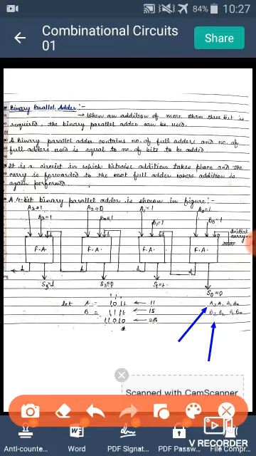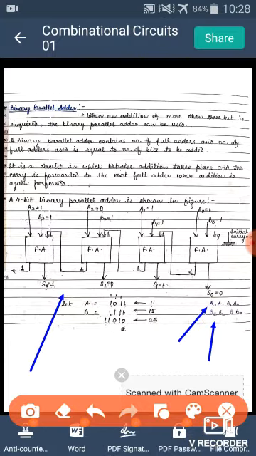Then we have to take 4 full adder circuits, as you can see in this diagram. There are 4 full adders. FA stands for full adders.